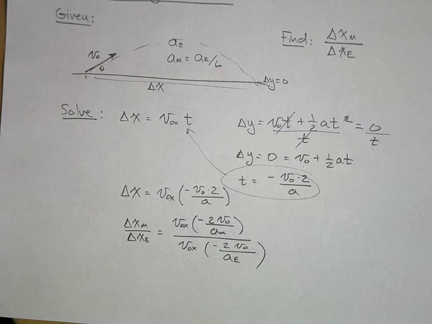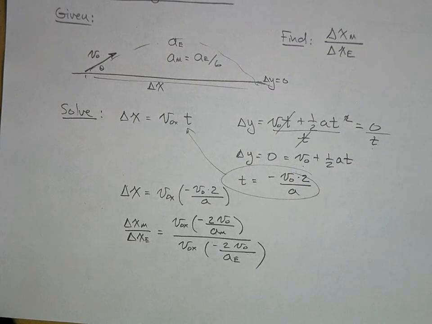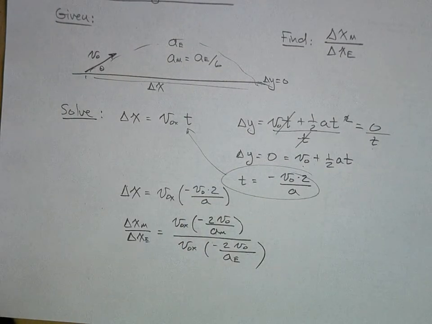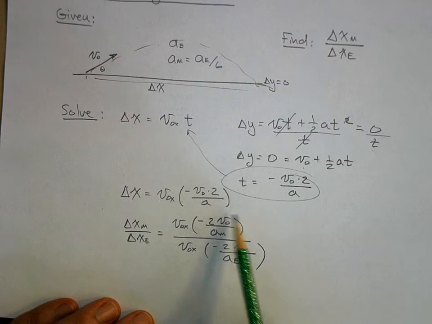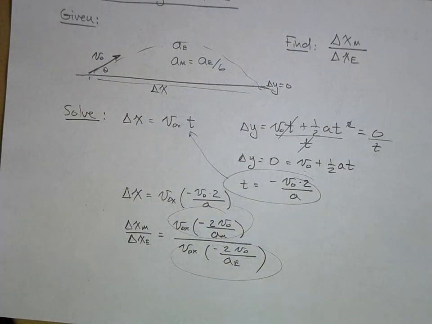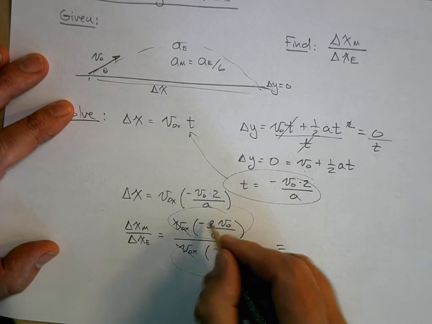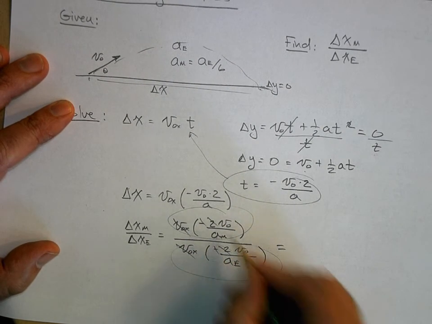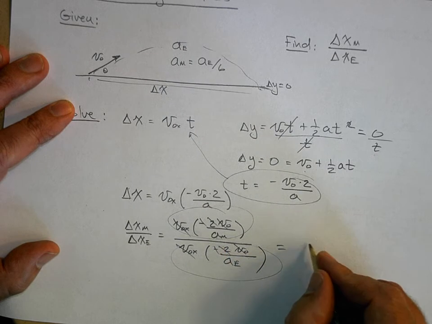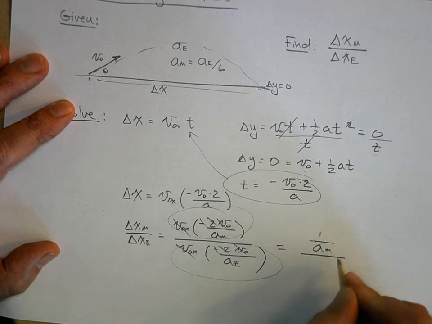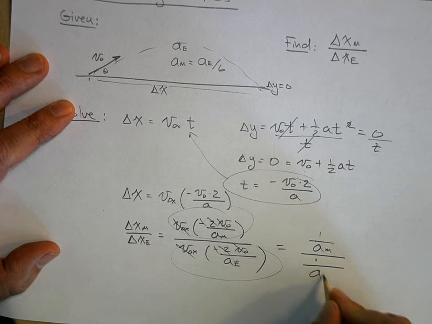Now this looks messy, doesn't it? It's the opposite of messy. It's wonderful, because now I've got a numerator and a denominator, and almost everything is the same. So what happens to it? It cancels out, cancels out, cancels out. Oh, wait a minute. We got 1 over the acceleration on the moon over 1 over the acceleration on the Earth.